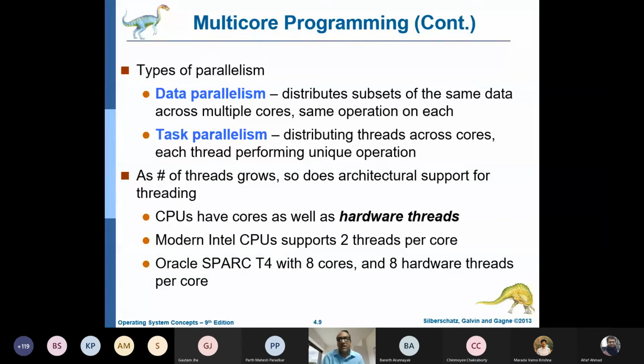By using concurrency. If a memory instruction has to be executed, it takes some amount of time, and within that time the CPU can handle some other threads. That way, using hardware threads, multiple user threads can be scheduled on a single CPU core.